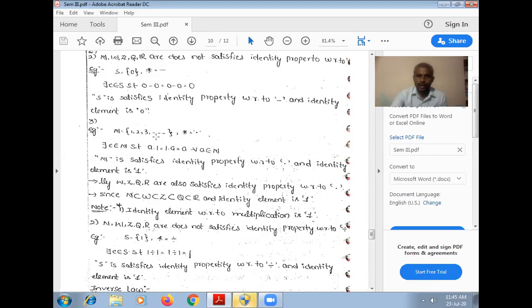So 11 into 1 equals 11, and 1 into 11 equals 11.